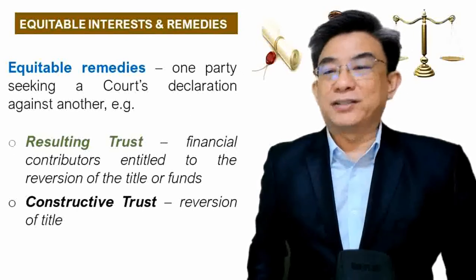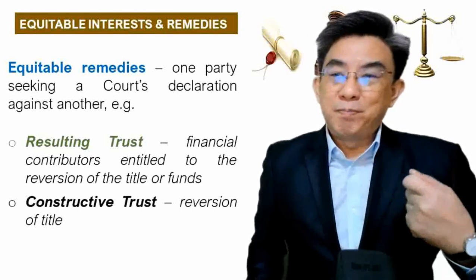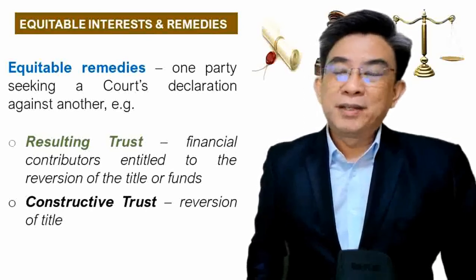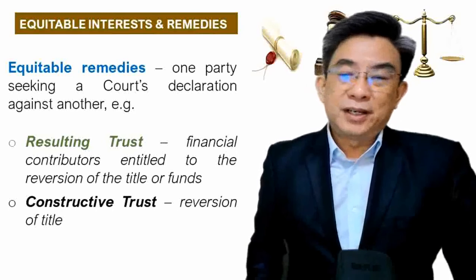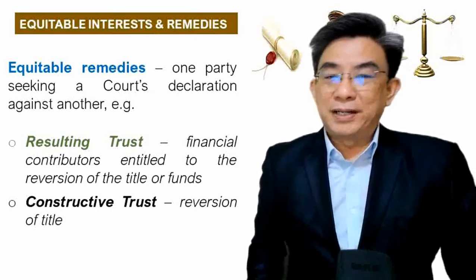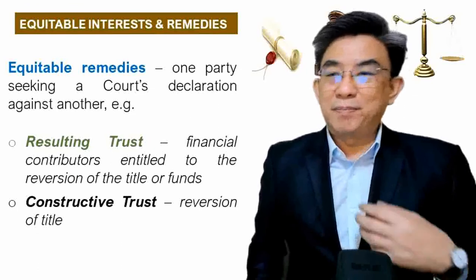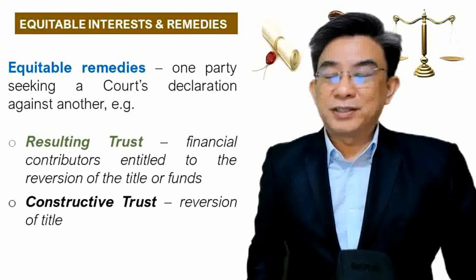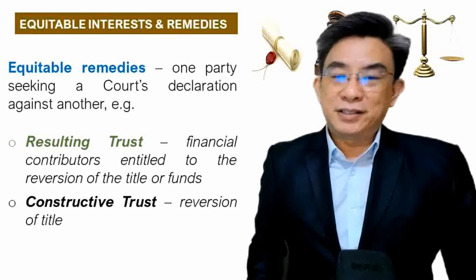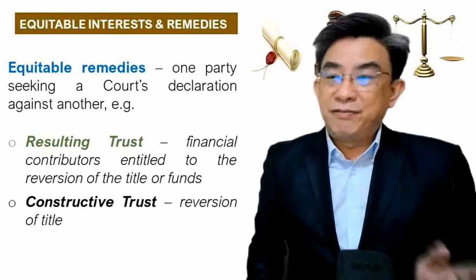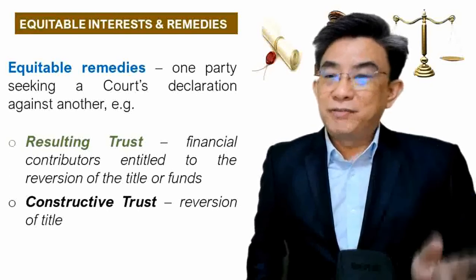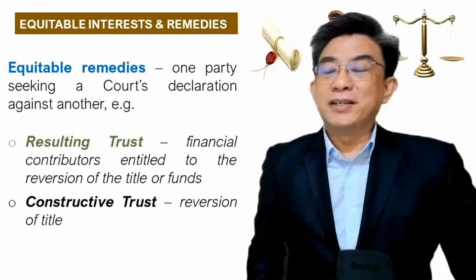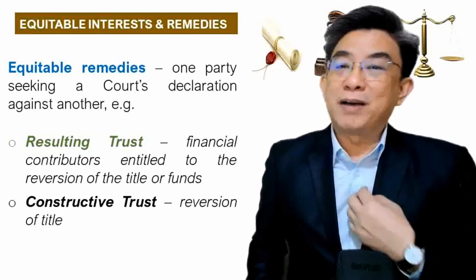First, resulting trust. This is where a person gives money for the purchase of a property, but his name is not in the title. Sometimes this kind of quarrel goes to court. Say, for example, I put 70% of the purchase price and my sibling only puts 30%. One day my sibling unilaterally severs the joint tenancy. Once you sever a joint tenancy, it's 50-50. That means my sibling is now holding on to 20% of my financial contribution.